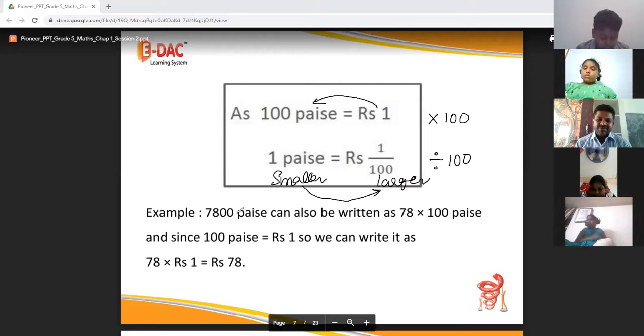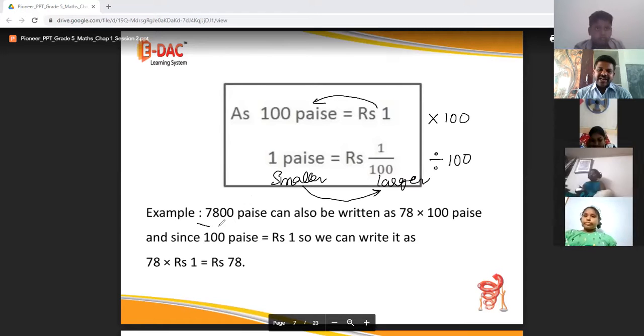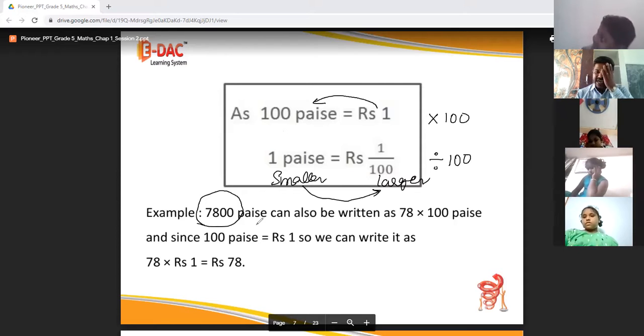Here one example is given: 7,800 paise can also be written as, how many 100 paise are there here?